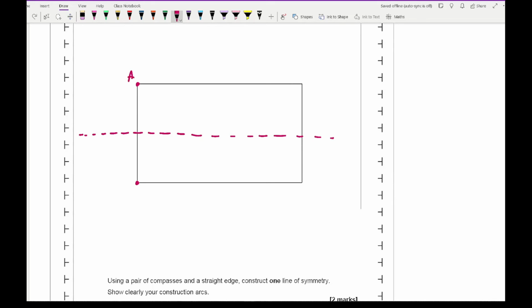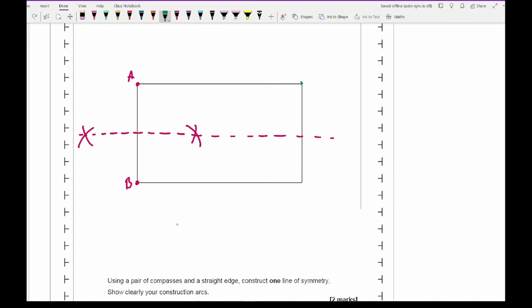If I call this A and B, put your pin on A, make sure your pencil is beyond the dotted line. You then need to draw an arc from A, then without adjusting the compass, draw an arc from B, and then draw a dashed line through those 2 points.